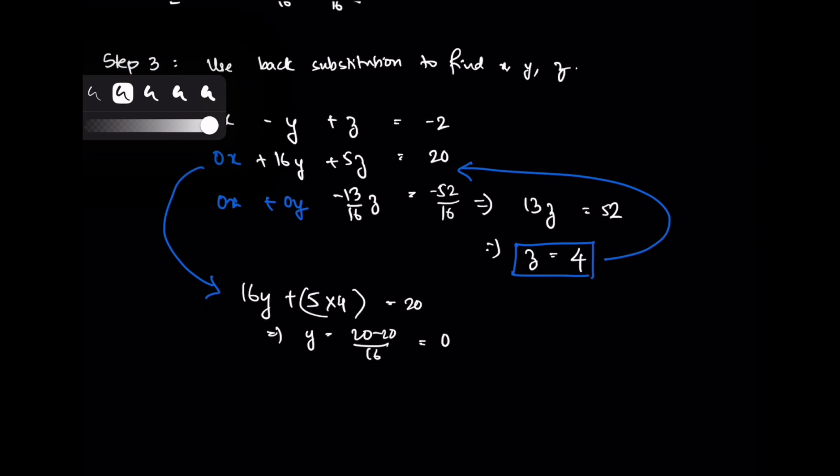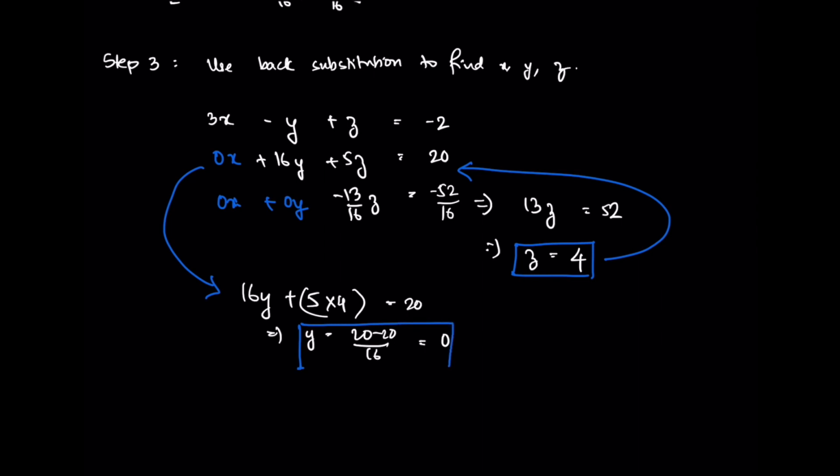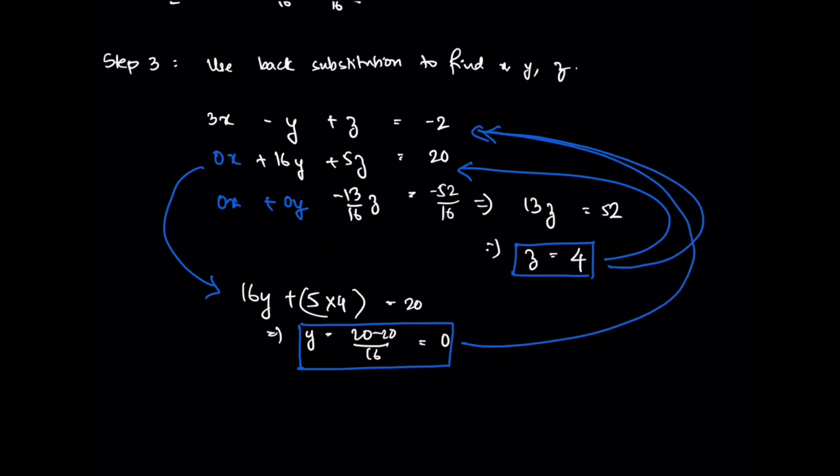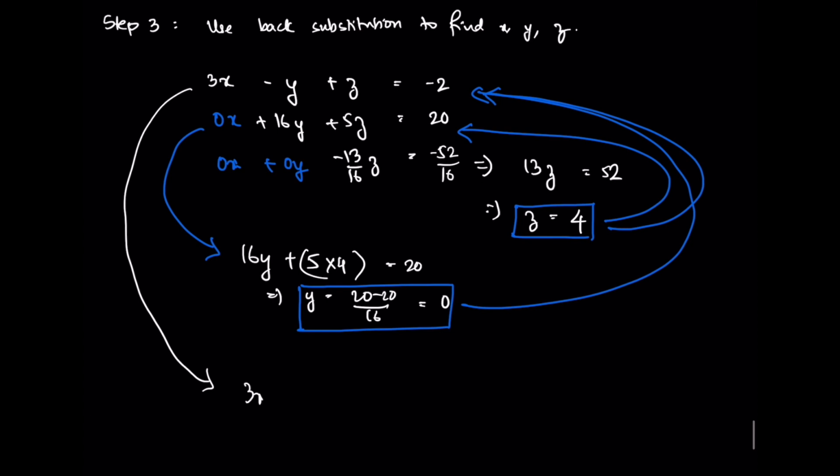And now let us put both these values in the first equation. Here we go. Our first equation gives 3x minus 0 plus 4 is equal to minus 2, which will give us 3x is equal to minus 6 and x is equal to minus 2.